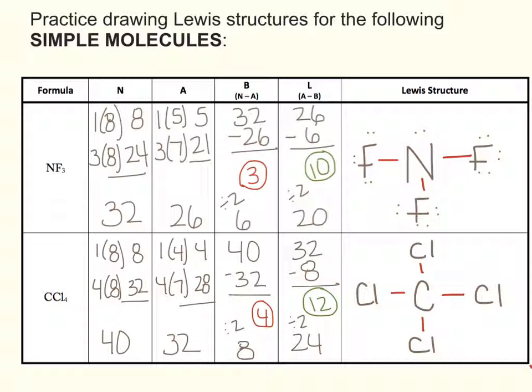We've got to fulfill the octet for each of these surrounding atoms before moving to the center. Chlorine needs a total of 8, and it has 2 present in the bond. So by giving it 3 lone pairs, chlorine will be stable.